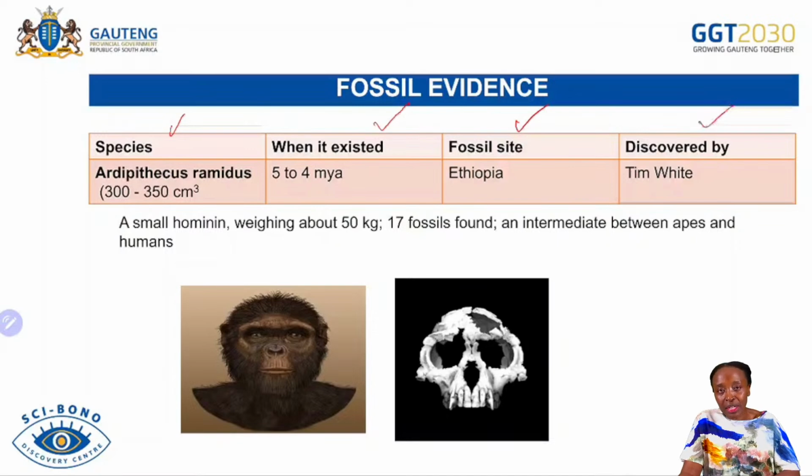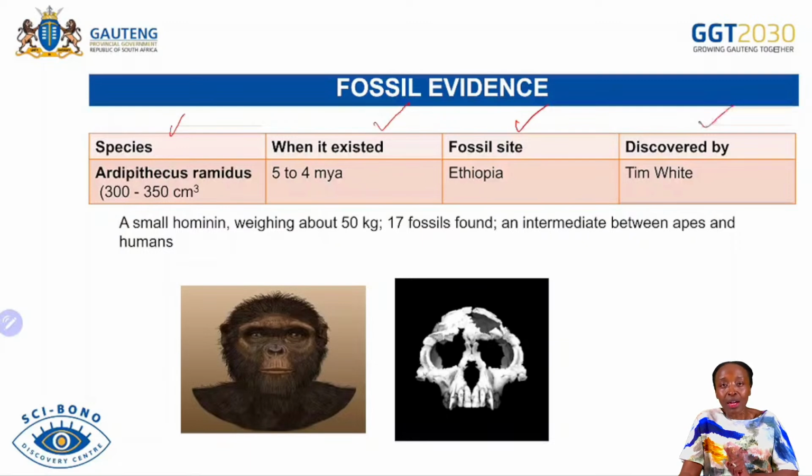In the DBE study guide and in the Mind the Gap, there's also an additional column where they talk about the features, the characteristics, what is the difference between the Ardipithecus and the Australopithecus. Things like the brain size, the spaces between the teeth, all the characteristics that you looked into prior to this section, those are added there.